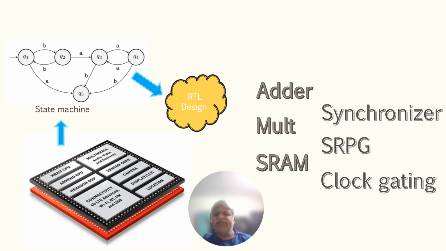There are several steps, and if we want to go through all those steps, it will be too cumbersome and too time consuming. Instead of that, if we take major decisions as part of the RTL design, say IP selection, these specific cells we are talking about, synchronizer, SRPG, all these, if we select the required ones, then a lot of the big headache will be resolved, and this is called work with the big hammer.